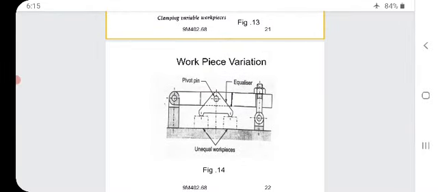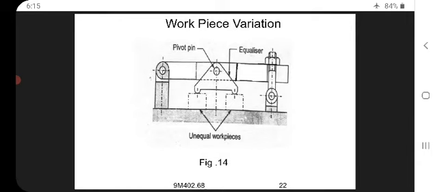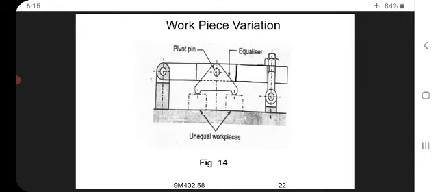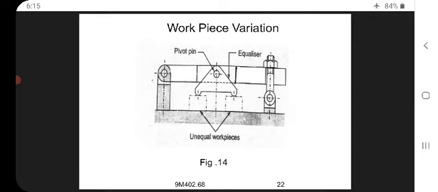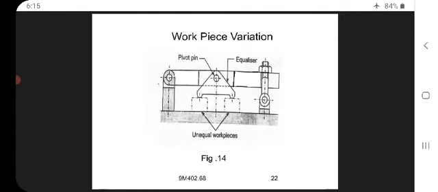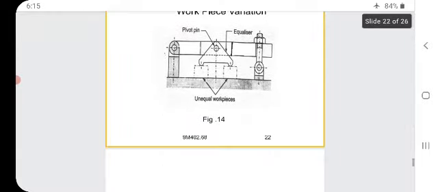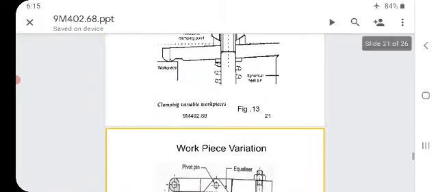Here also you will see the workpiece variation: the pivot pin and the equalizer you are seeing there, and on top you are seeing the clamp. So if we use unequal workpieces, we will get workpiece variation there. So this is regarding the clamps.